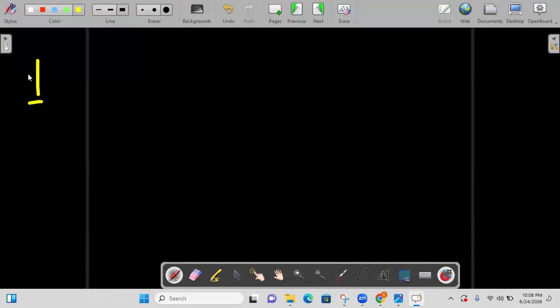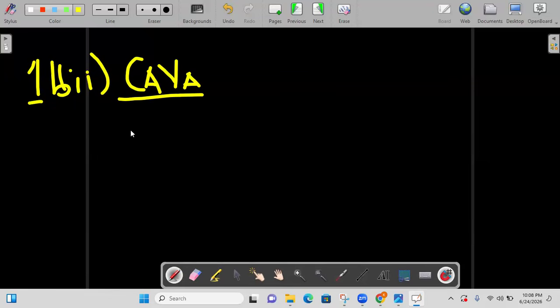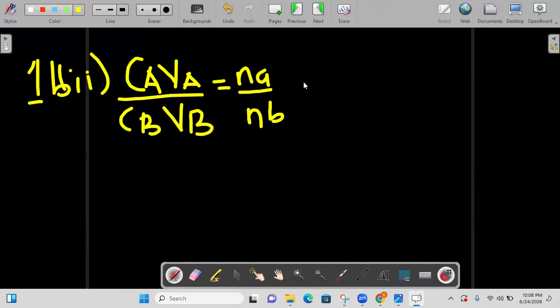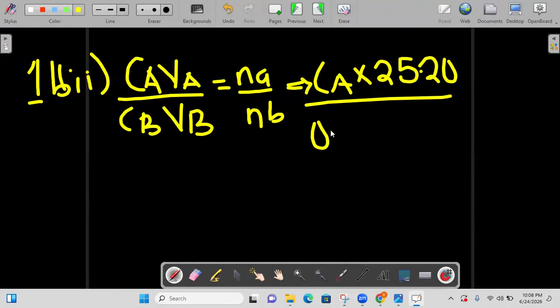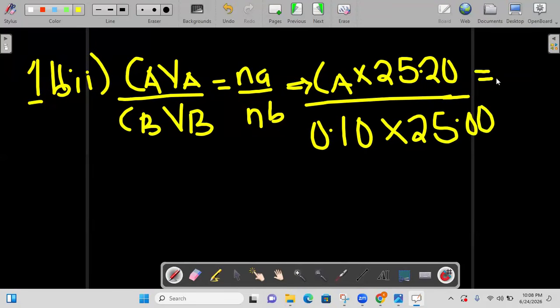So with that, for 1B Roman figure 2, we're going to have CAVA over CBVB equals NA over NB. I'm looking for CA. My VA is 25.20, which is the endpoint, over CB, what we just calculated, 0.10, VB is 25.00, NA is 1, NB is 2.